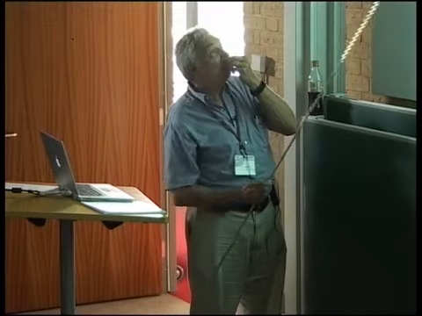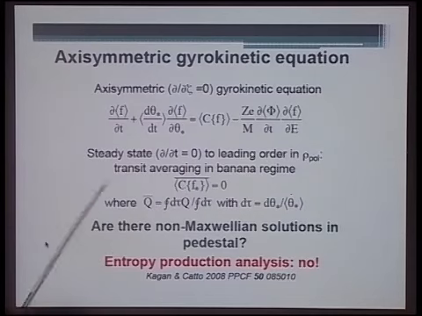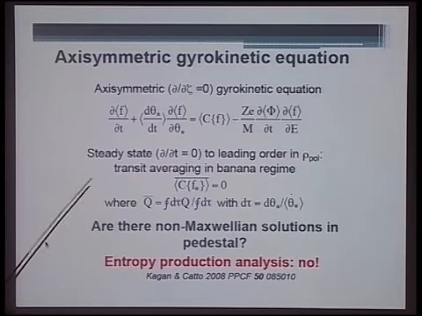So if you do this, look in the steady state, and you look at this equation, you can write down a constraint equation that the distribution function has to make the collision operator vanish, or you can go look at an entropy production analysis, and you, of course, come to the conclusion that the distribution function has to be Maxwellian. Well, that means because you're in the banana regime, there's no theta dependence to this distribution function.